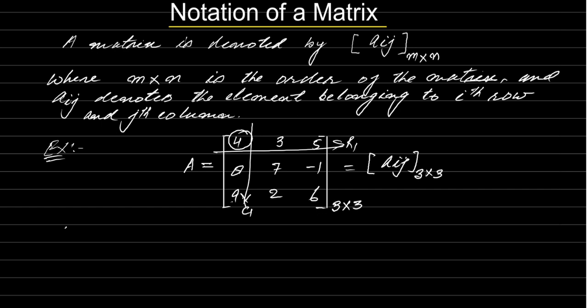So the first element of the first row is denoted by A11. So we write A11 is equal to 4.